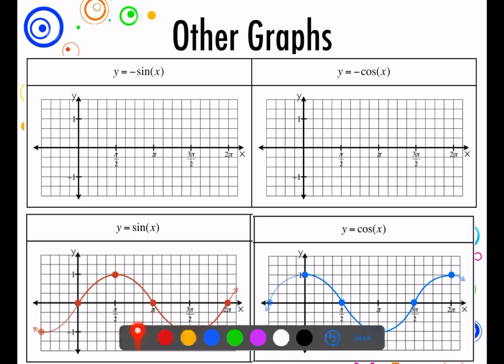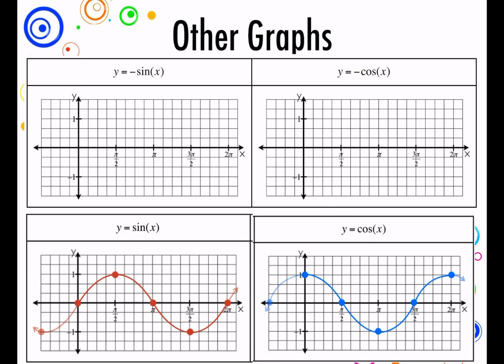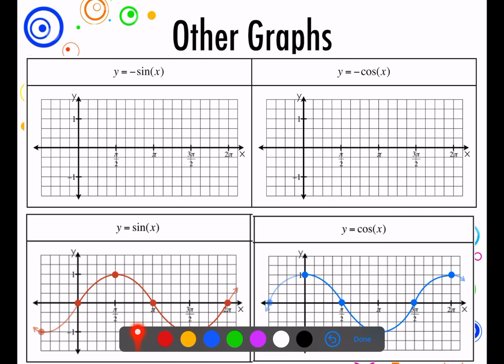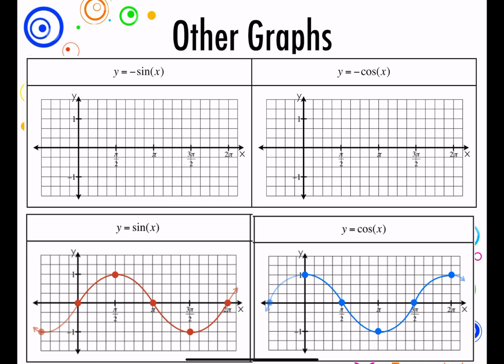Well, what you should see is there's a negative value in front of the sine. There's a negative value in front of the cosine. So when I create these two other graphs of sine and cosine, what I'm going to do is really just flip the value from positive to negative or vice versa.